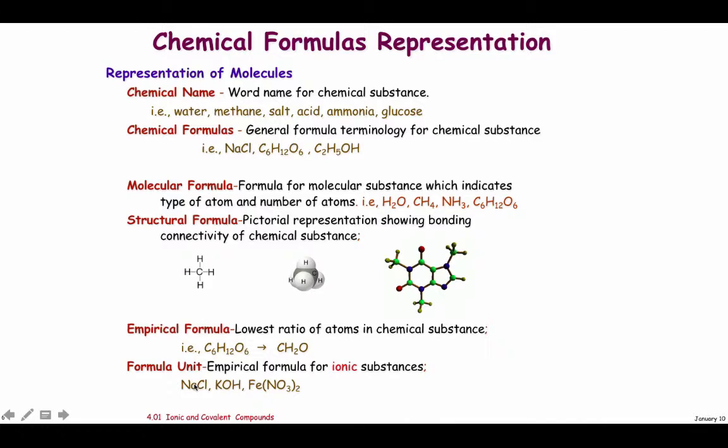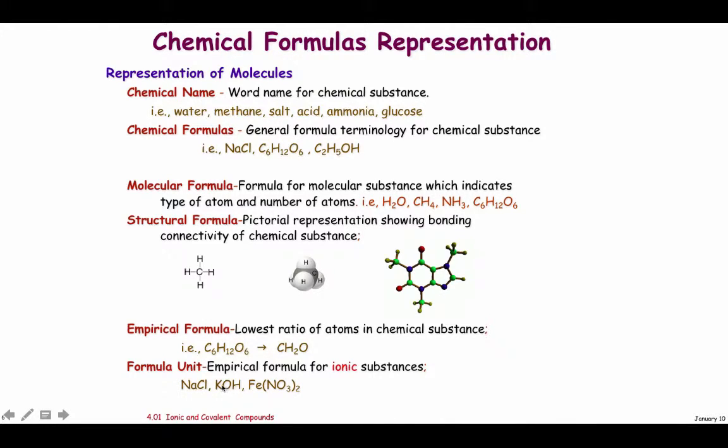And you know it's a plus 1 because it's in the 1A family and it wants to give up 1 electron. And chlorine, which is a negative 1 because it's in the 7A family and it wants to gain electrons. And so what we have here is 1 sodium and 1 chloride interacting with each other.